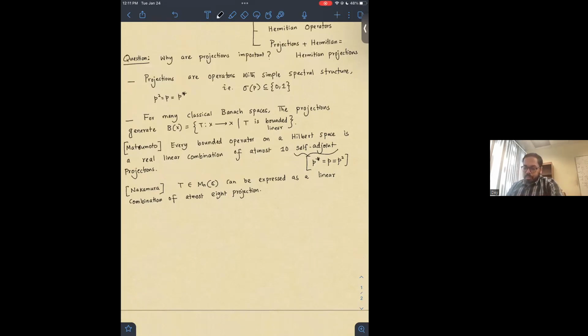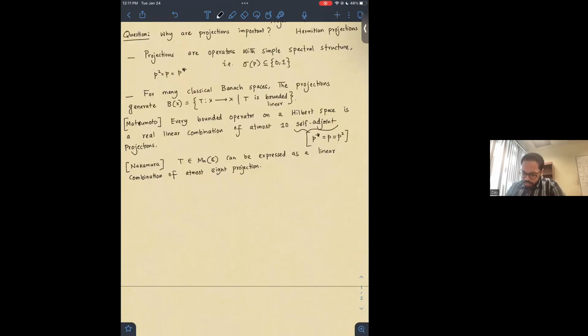All right, so these are two important reasons. The third reason is, I think most of us know, the spectral theorem. The spectral theorem also gives us an idea of how important projections could be. There are many versions of the spectral theorem, but I would like to restrict myself to compact, normal operators.